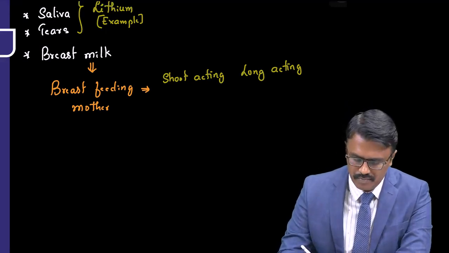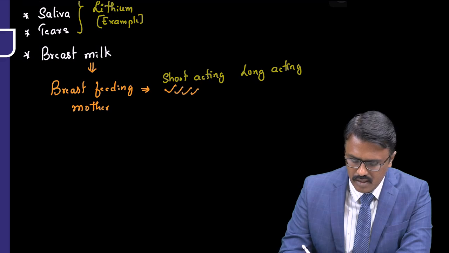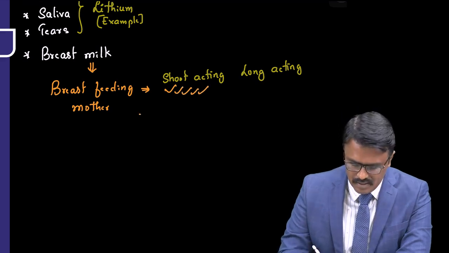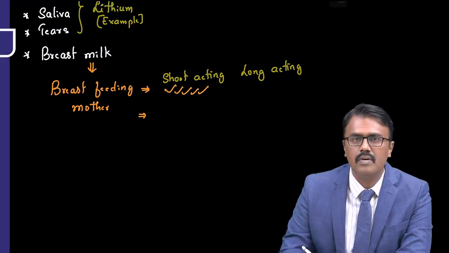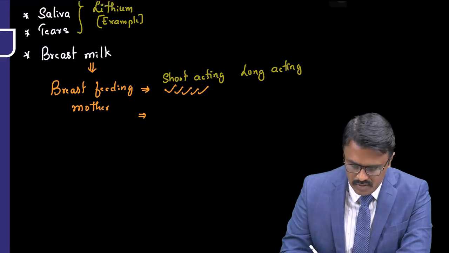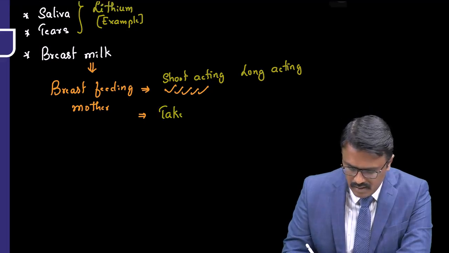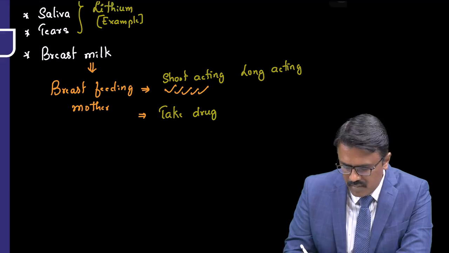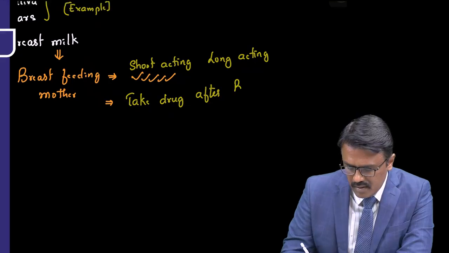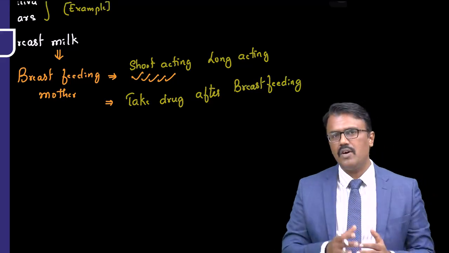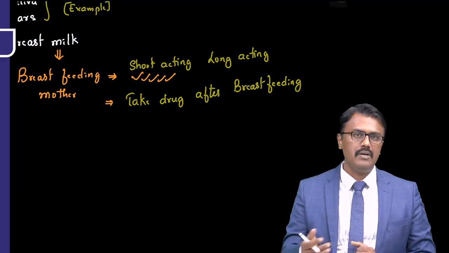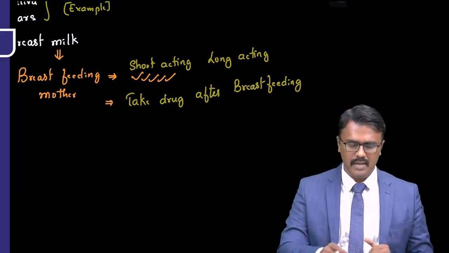Obviously, we have to give a shorter acting drug so that in between she can breastfeed. Second important thing is she has to take the drug after breastfeeding the baby. So these things are precautions so that we can avoid the drug going to the baby.